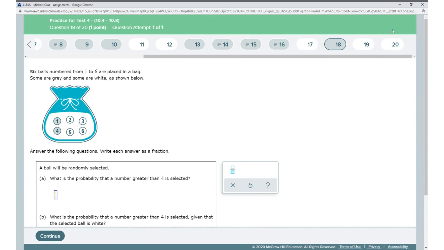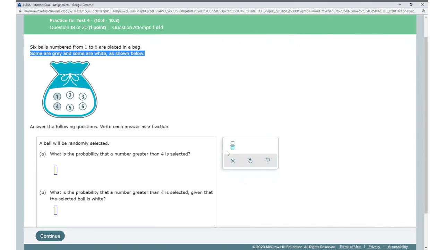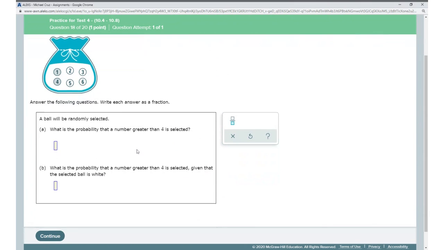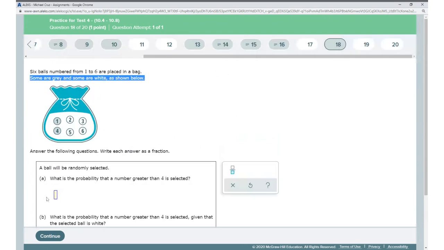All right, six balls numbered from 1 to 6 are placed in the bag. Some are gray and some are white, as shown below. What is the probability that a number greater than 4 is selected?